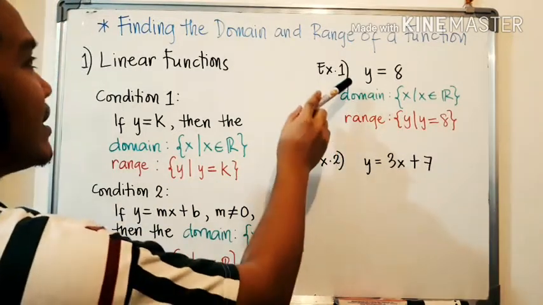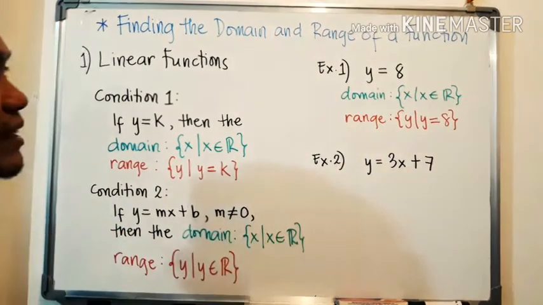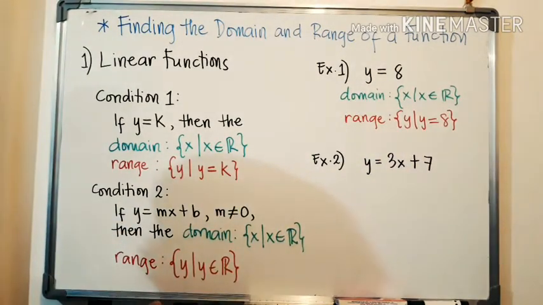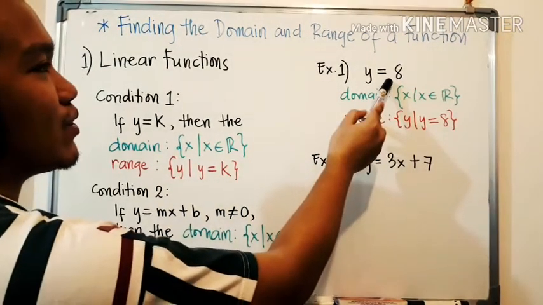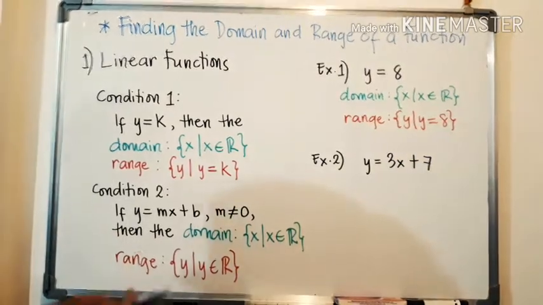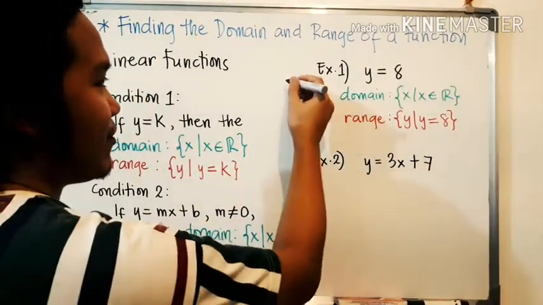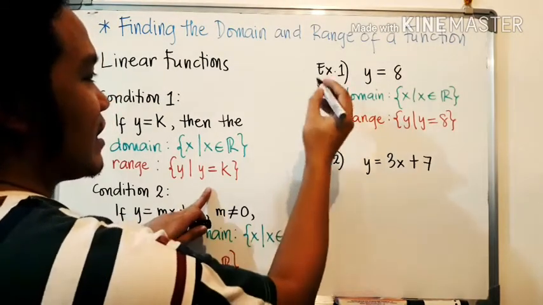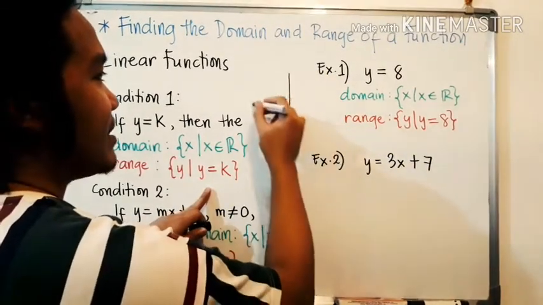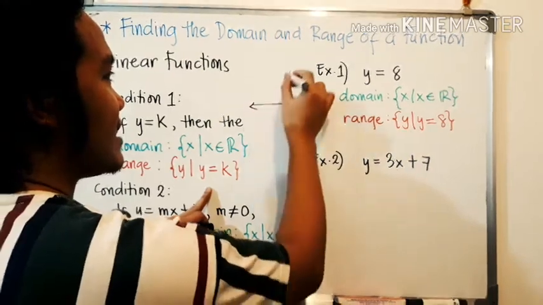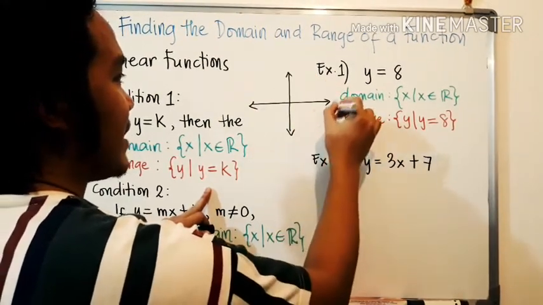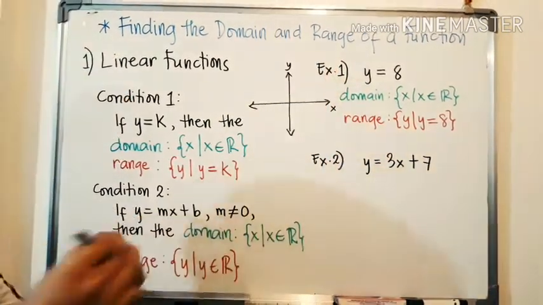Because this linear function y equals 8 is a constant function. Okay, so if we are to sketch its graph on the Cartesian plane, say we have this x-axis and the y-axis.